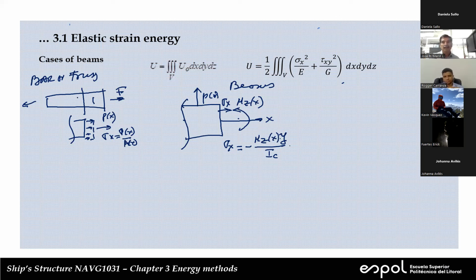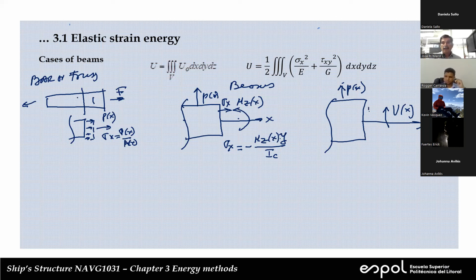Yes. Good, good. And finally, in the case of beams, this is chapter 2, right? We could have a shear force. Okay, this is the same case. This is for beams. We have lateral load. So this is P of x. We have this, this is the x-axis.